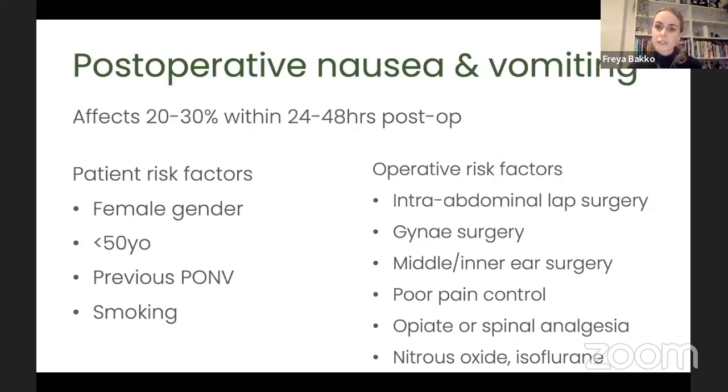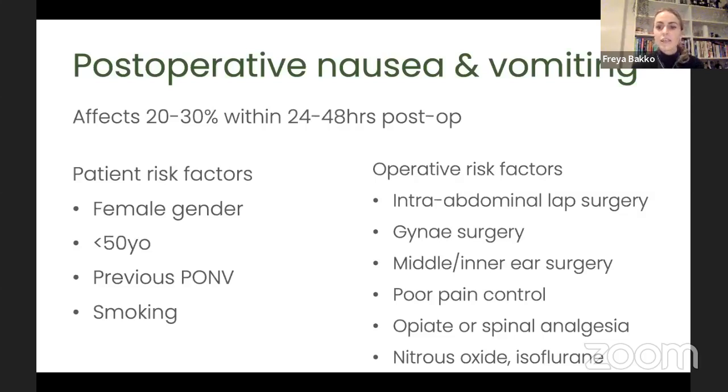Then we have operative risk factors. Anyone going through intra-abdominal laparoscopic surgery or laparotomy will be at higher risk of post-op nausea. Gynae surgery in particular, this is slightly unclear, but it might be an autonomic response from irritation of the viscera during gynae and intra-abdominal surgery.